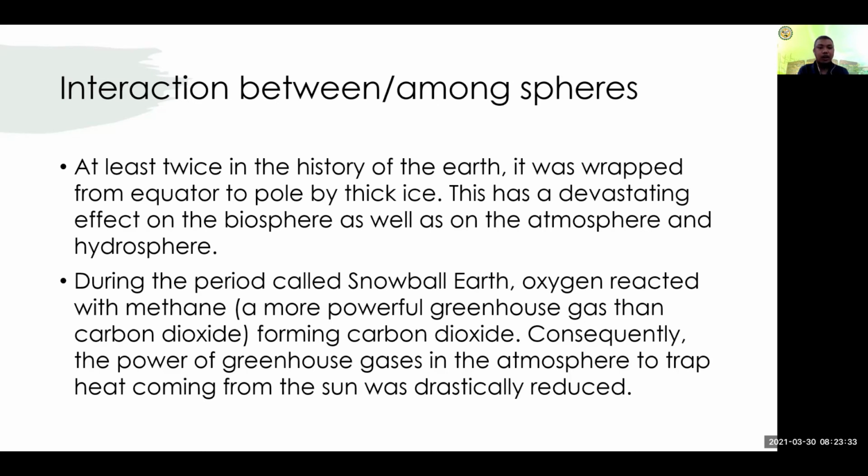Another scenario is the snowball Earth, wherein the oxygen reacted with methane, which is a more powerful greenhouse gas than carbon dioxide. This is the oxygen interacting with methane, forming carbon dioxide. Consequently, the power of greenhouse gases in the atmosphere to trap heat coming from the sun was drastically reduced.